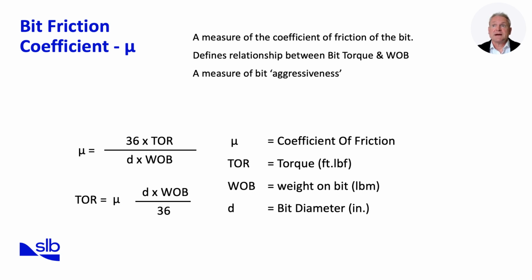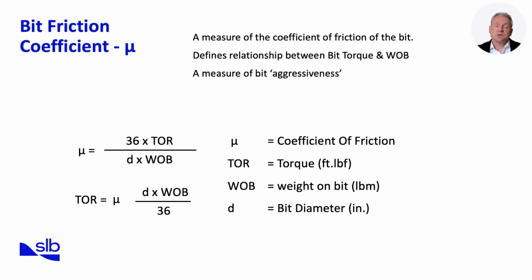Each bit type has typical mu ranges. For example, steel tooth roller cones usually range between 0.15 and 0.26, carbide tooth cones between 0.12 and 0.24, impregnated bits around 0.3 to 0.6, and PDC bits can be as high as 2.0.